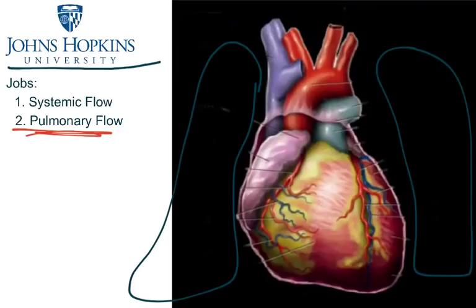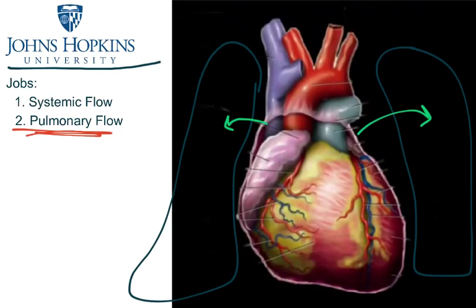So what happens is that the heart, before sending blood out the aorta, before just dishing it back into the body, it actually sends the blood over to the lungs. So it'll send it over to the left lung, and it'll send it over to the right lung.